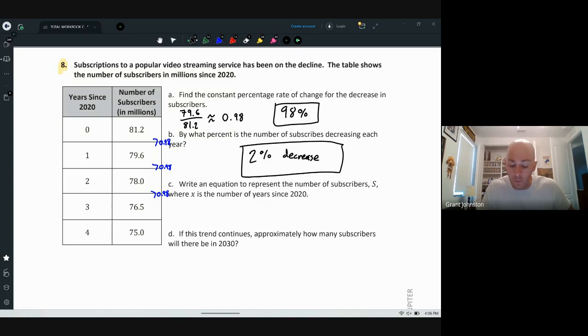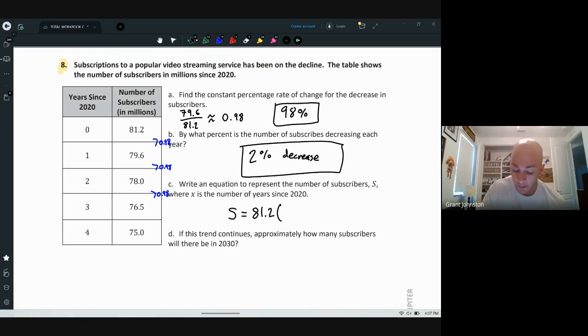So write an equation to represent the number of subscribers S, where x is the number of years since 2020. So I'm going to say the subscribers started off with 81.2 million, and then I'm going to have a 2% decrease.